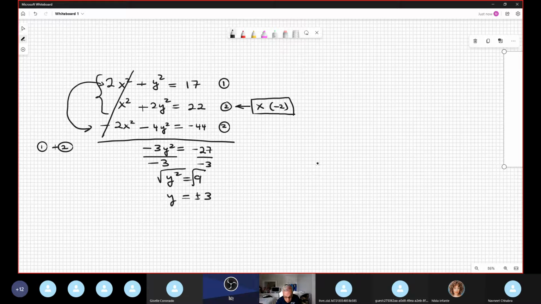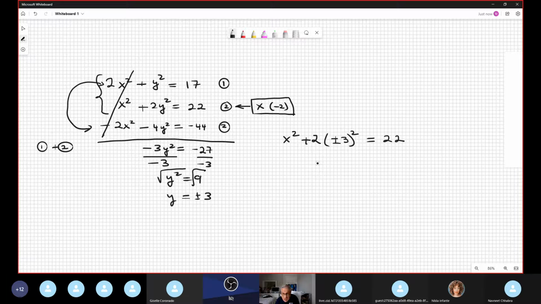The equation I select, for example, I select equation 2, I don't know why, and you copy x squared plus 2 times y, you replace by +3 or -3 or both? Because when you square, it becomes positive, right? Equal 22. So you can do separately positive and negative, but you get the same answer, right?